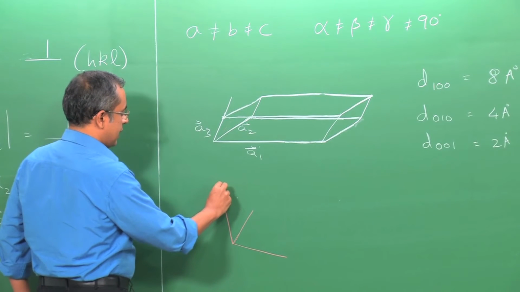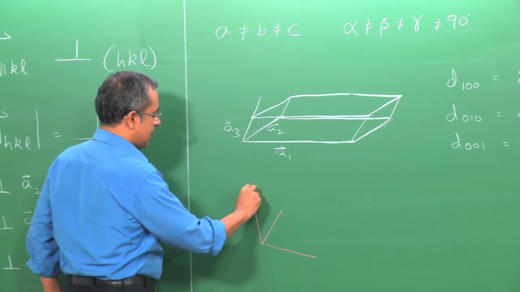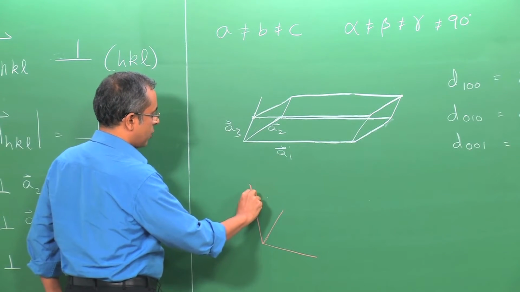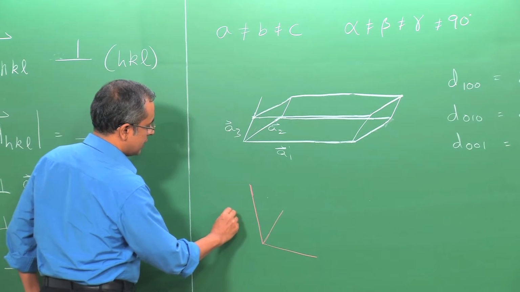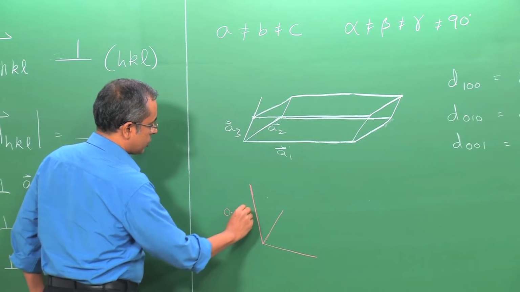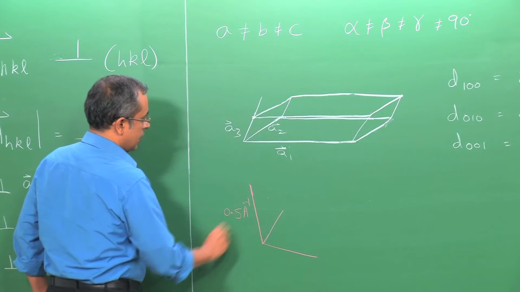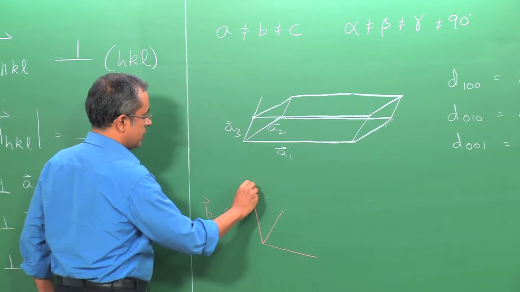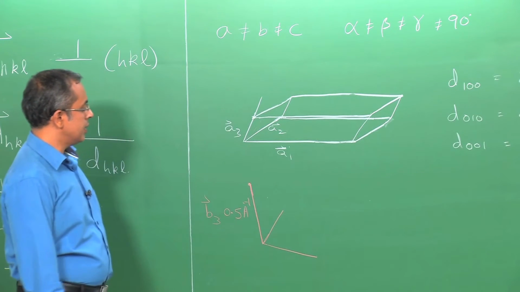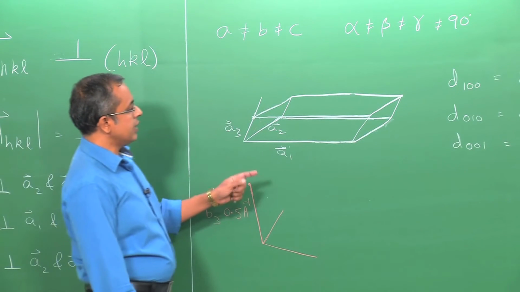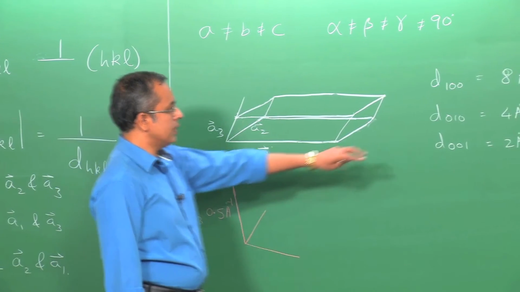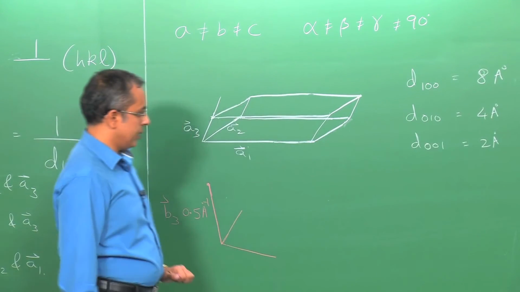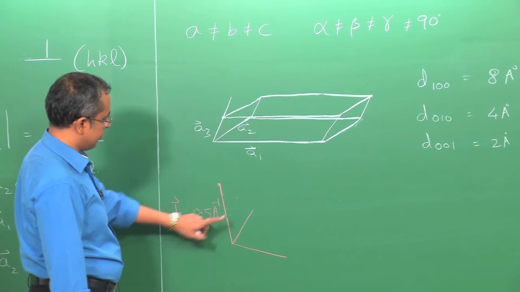So just to make it convenient for ourselves, we make the scale large enough so that we can draw it conveniently. We will just say that this is 0.5 angstrom inverse. So this is B3 up to here. Okay. Then B2 is actually 1 over the spacing 4 angstroms. So it is 0.25, so that would be half of this.